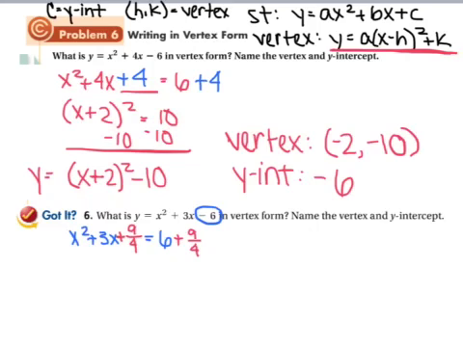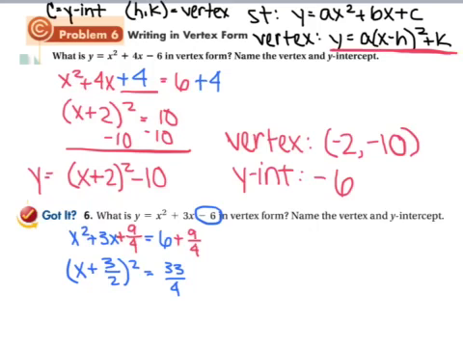Now you need to factor your perfect square trinomial. So that's going to be x plus what? Sid? Jess? 3 over 2. Right. Now, 6 plus 9 over 4, common denominators, that's 24 over 4 plus 9 over 4 equals 33 over 4.